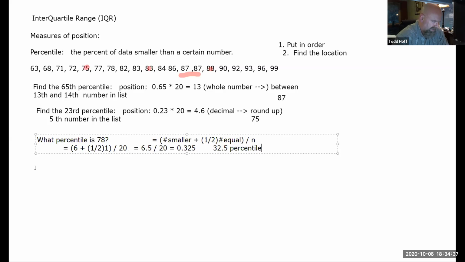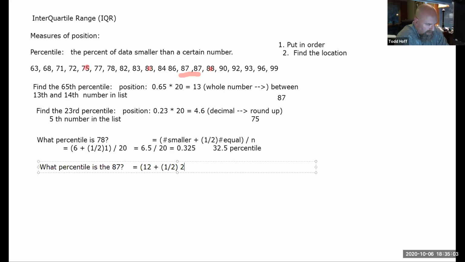We might ask, what percentile is the 87? We already calculated before that if I was asking for the 65th percentile, we got 87. But calculating the other way, it might come out slightly different. There are 12 that are smaller, plus 1/2 times 2 that are equal, divided by our 20.